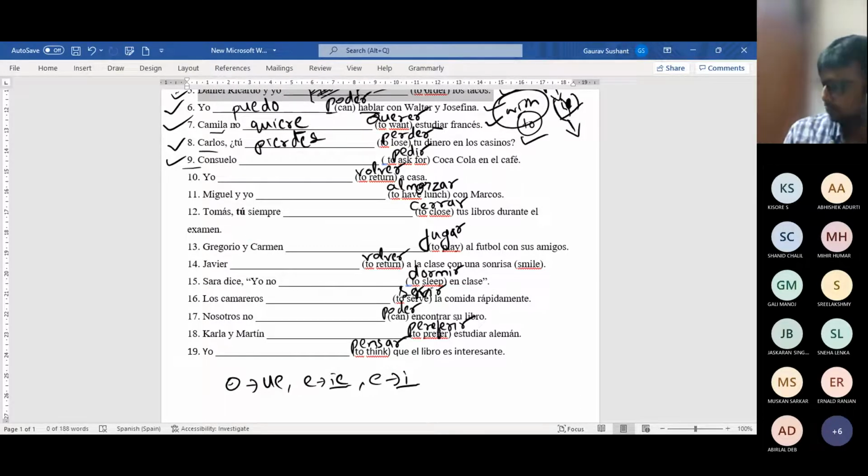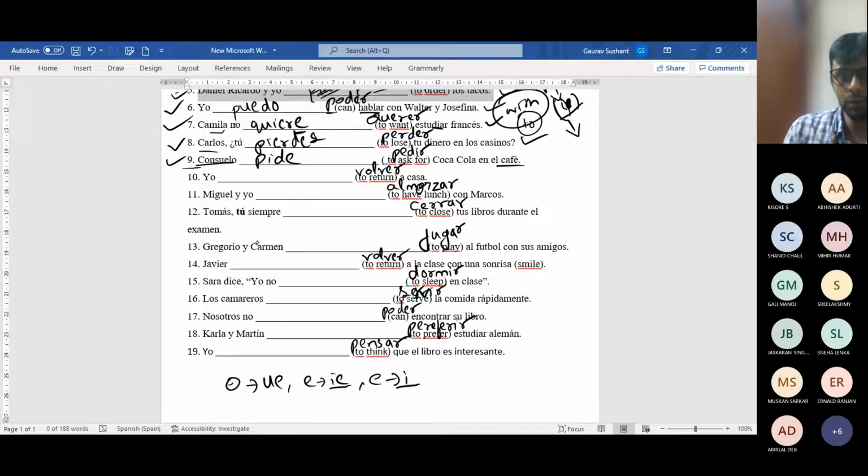Number 9. Consuelo pide Coca-Cola en el café. How will you translate it? It's a name, Consuelo, so no need to translate. I am asking for the translation, and we are doing present tense, so don't say past tense.